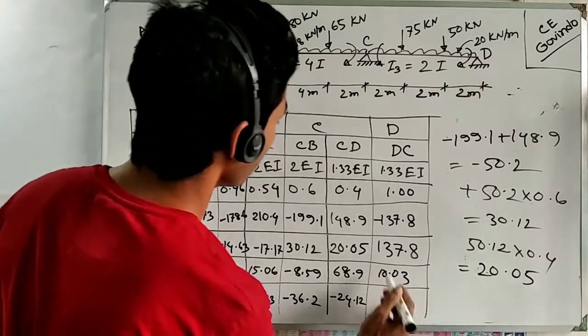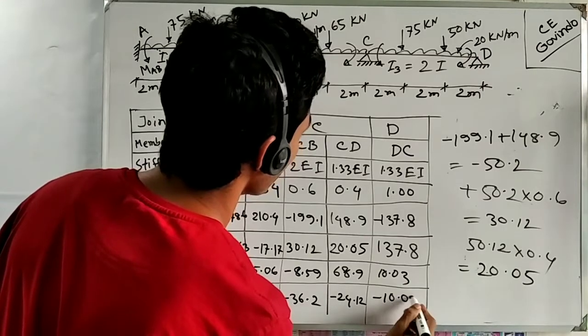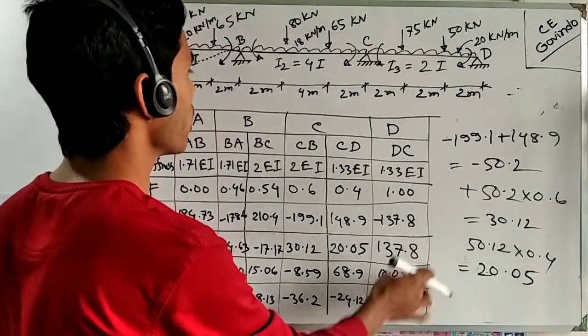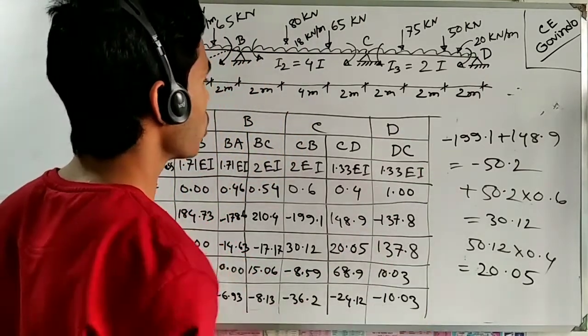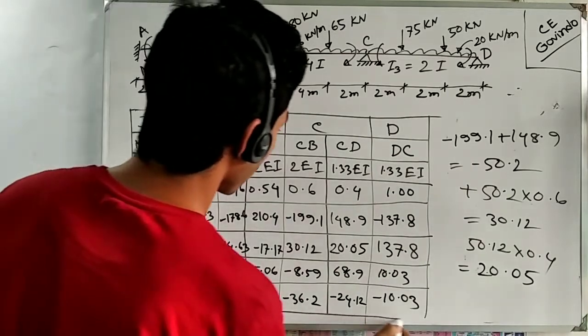Again for this member this will be minus 10.03, because this moment will be carried fully by this member only and the sign will be opposite to balance it. Here we have completed another cycle.